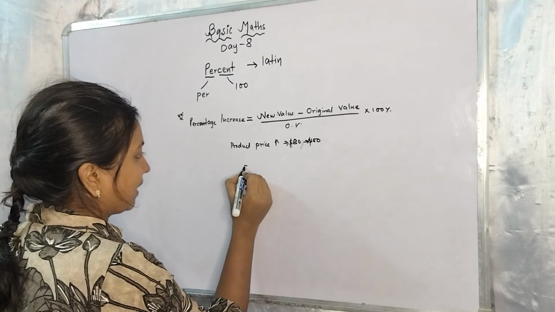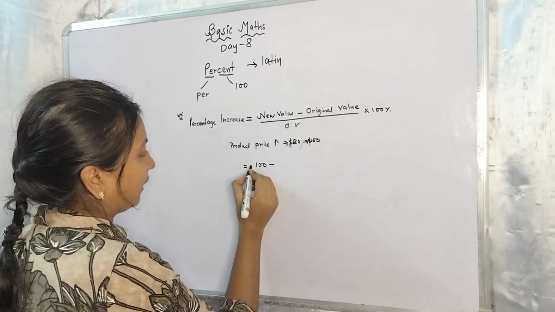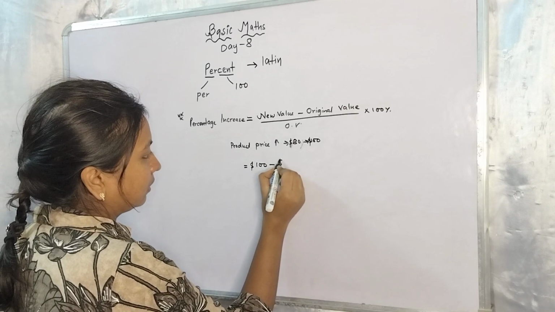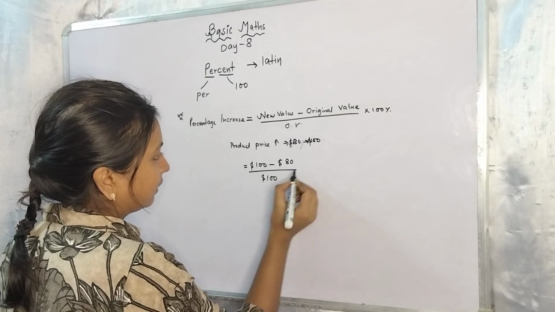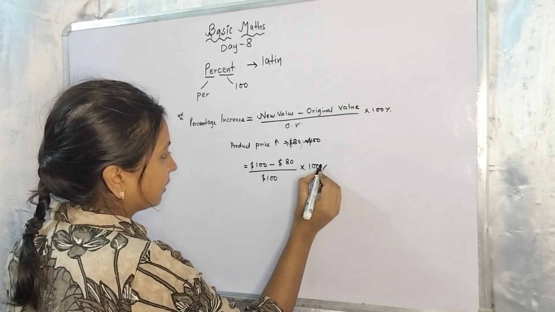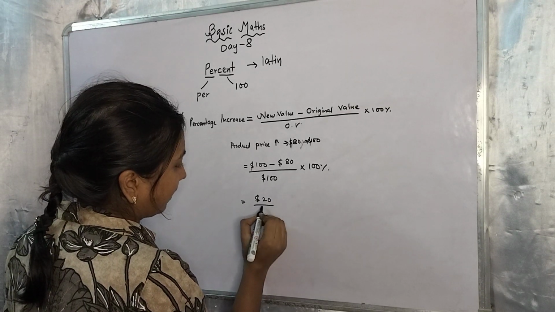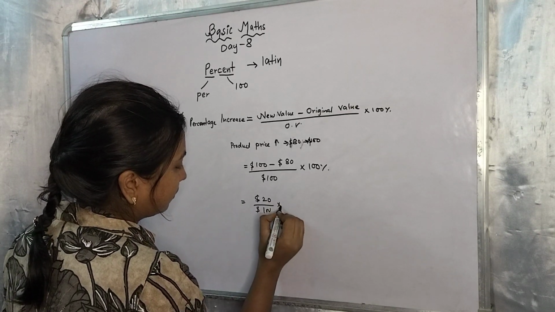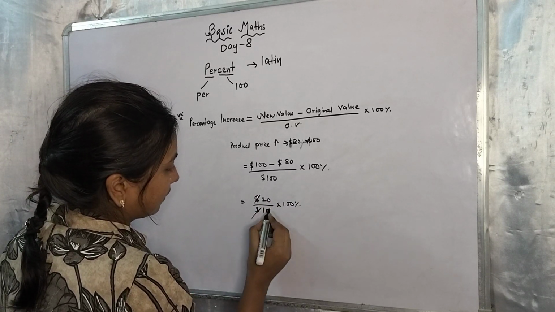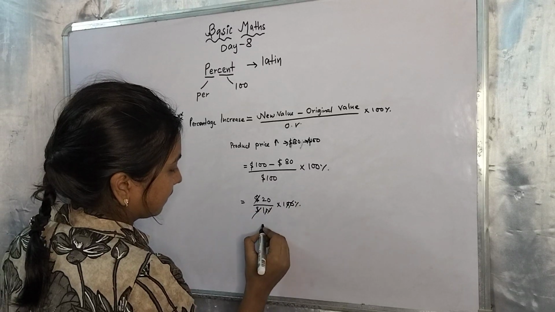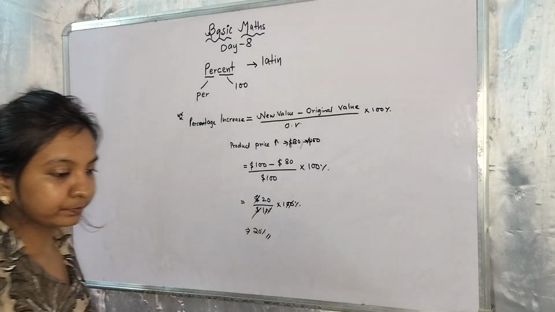Here we can see that our new value is 100 minus our old value is $80, divided by our old value, into 100%. So 100 minus 80 is $20, divided by $100, into 100%. The dollar gets cancelled, this gets cancelled. So we are left with only 20%.